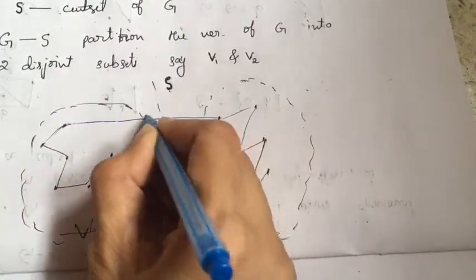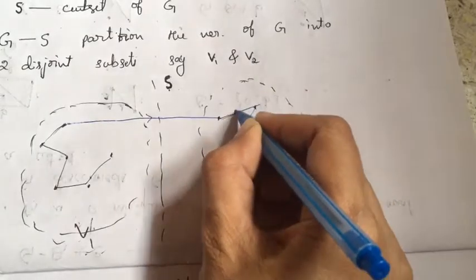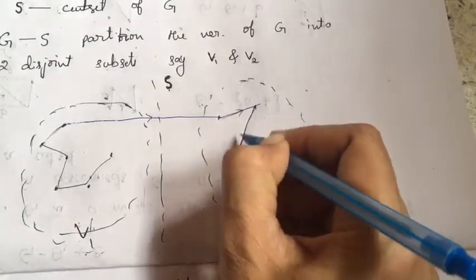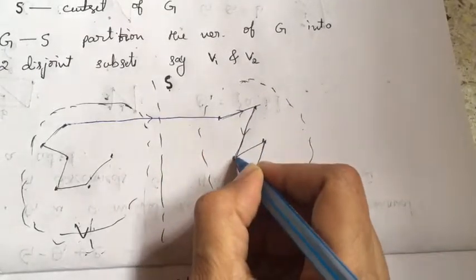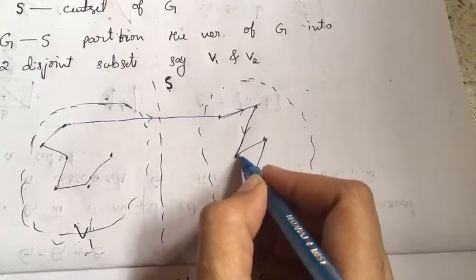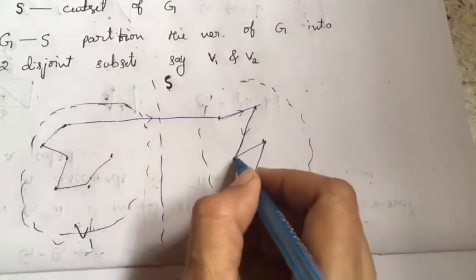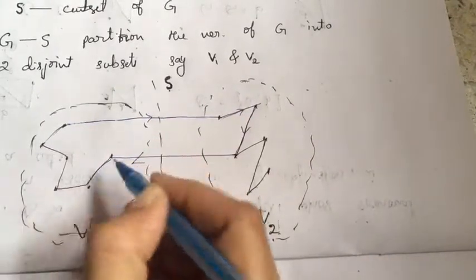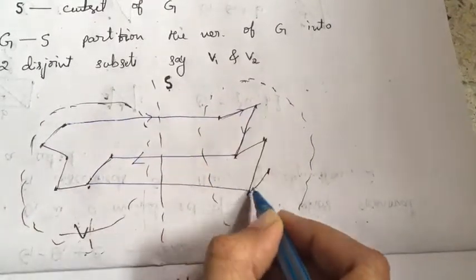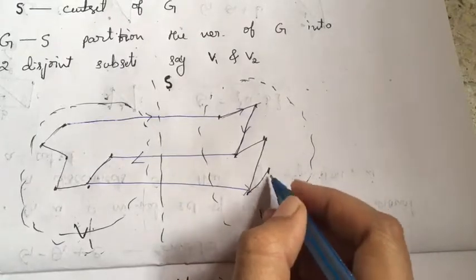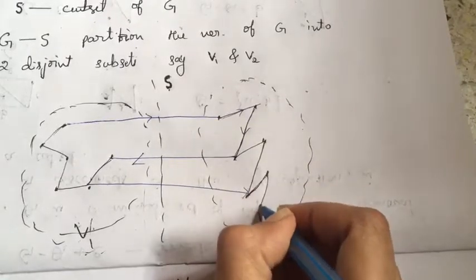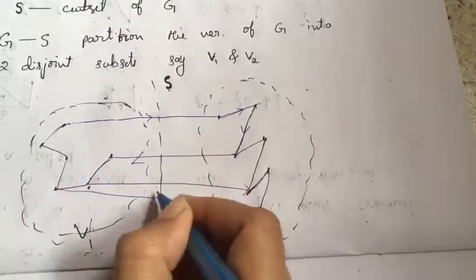I'm going this way, I'll take up this edge, take up this edge, then I'll come back. I have to have a circuit, so by that nature I have to come back somewhere here. If I come, then I'll form one circuit, or if I go like this and come back to this, like that. Every time I go, I should come back.